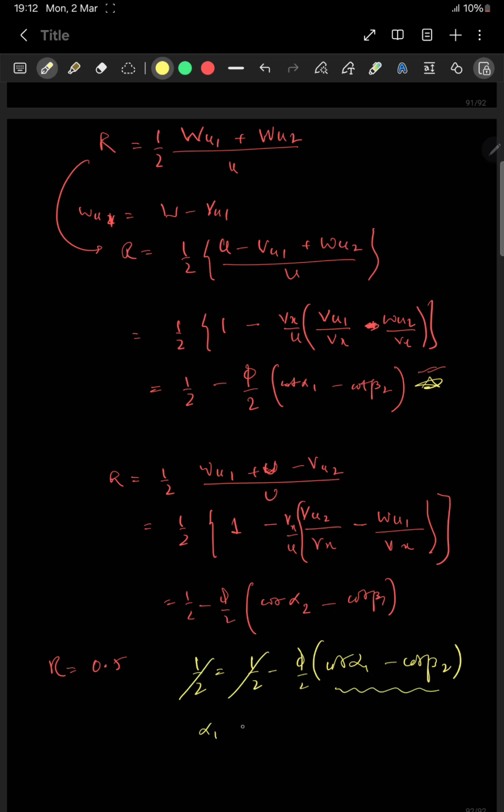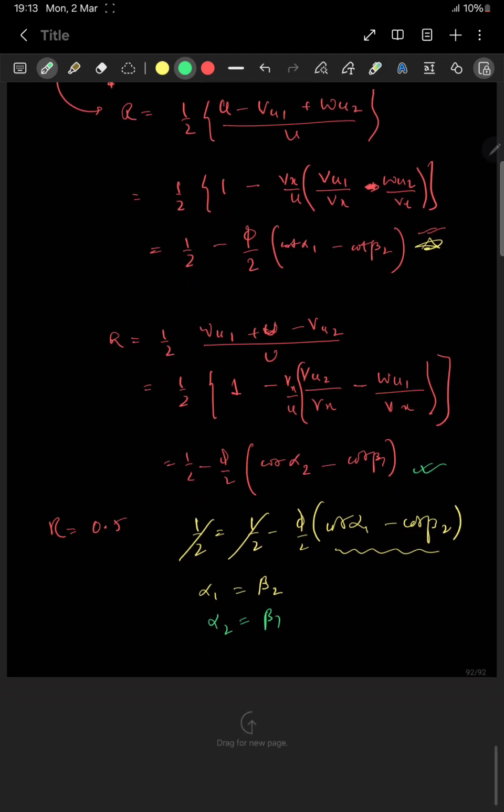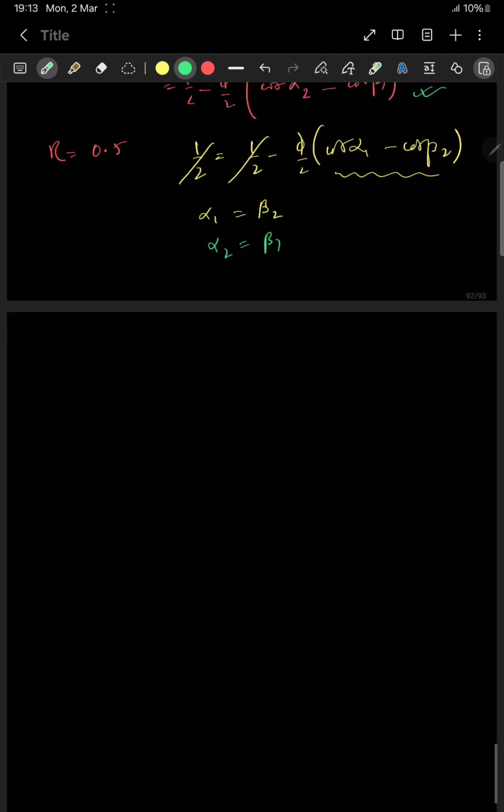So alpha 1 equals beta 2, and from this equation we have alpha 2 equals beta 1. So if we draw the triangles, the triangles will be mirror images of each other.